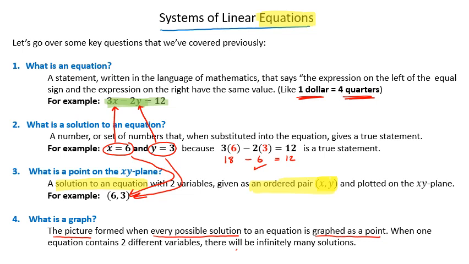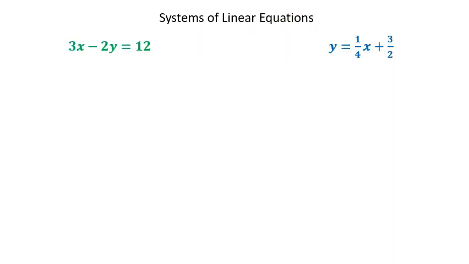Okay, now that we've got a little bit of review out of the way, let's talk about linear equations. So we're still sticking with equations, right? But let's talk about linear equations. A linear equation in two variables is an equation where the x is raised to the first power and the y is raised to the first power.